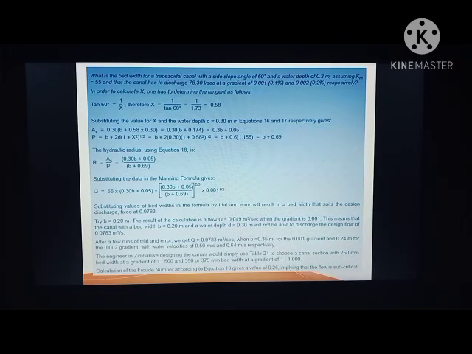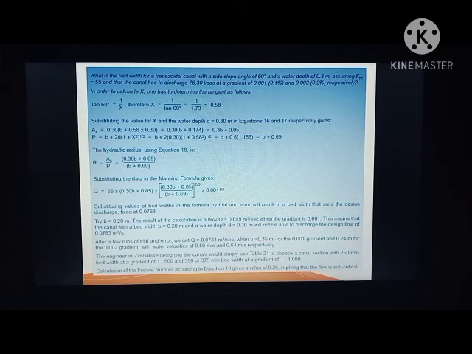This means that the canal with a bed width of b equal to 0.2 meters and a water depth of 0.30 meters will not be able to discharge the design flow of 0.0783 cubic meters per second.